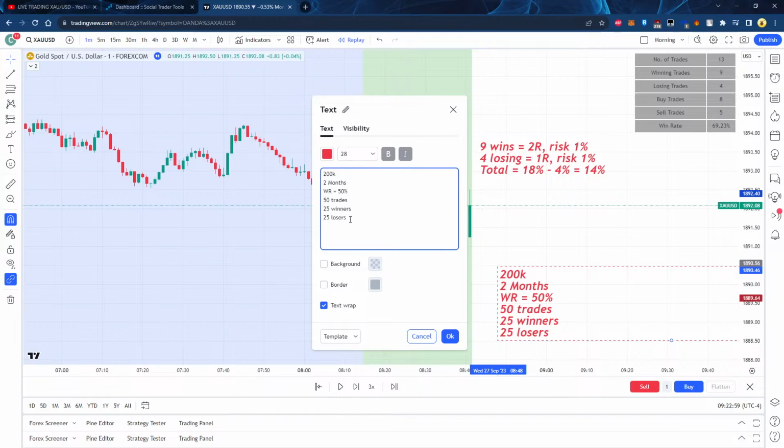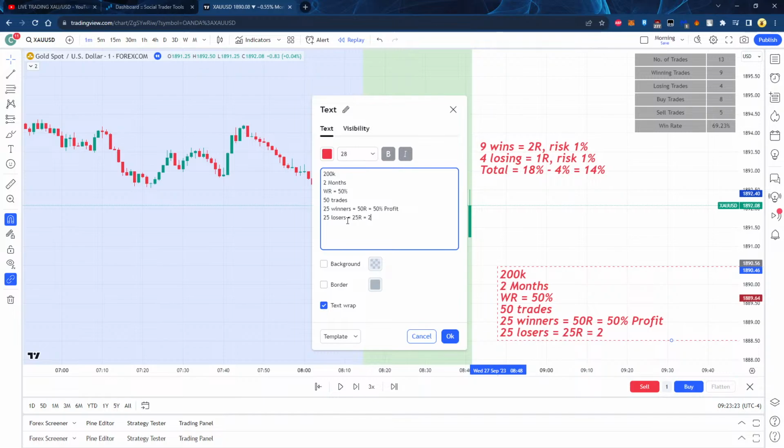And we will say, since it's always 2R, this immediately equals 50R, which on a 1% risk is 50% profit. You lost 25, so being realistic, you lost 25R because you're risking. There's no break-evens.